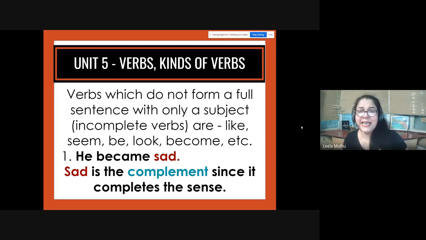Sad in this case is a complement which has been added to the subject and the verb he became to complete the thought. In this case, became is incomplete unless I add sad, angry, depressed to it. So became is an incomplete verb, and sad, angry, depressed, whatever, is the complement that I'll add to complete the sentence and make it a complete thought.